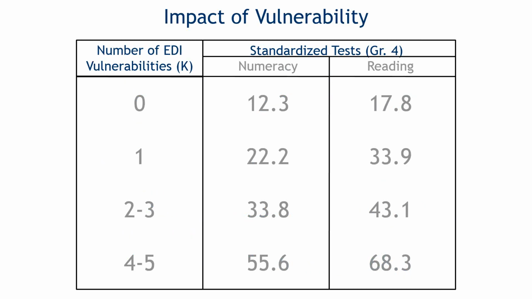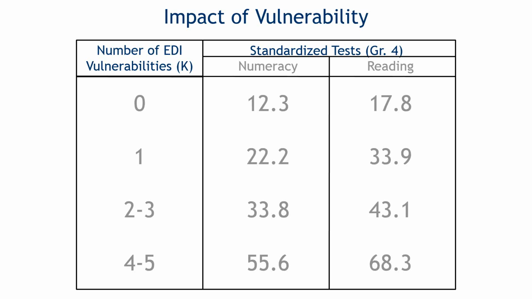And what you're seeing on the screen now is a little table that links EDI vulnerabilities to later outcomes specific to the standardized tests that are done in grade 4 throughout the school system. On the left-hand side of that table, you see the number of vulnerabilities that children have.